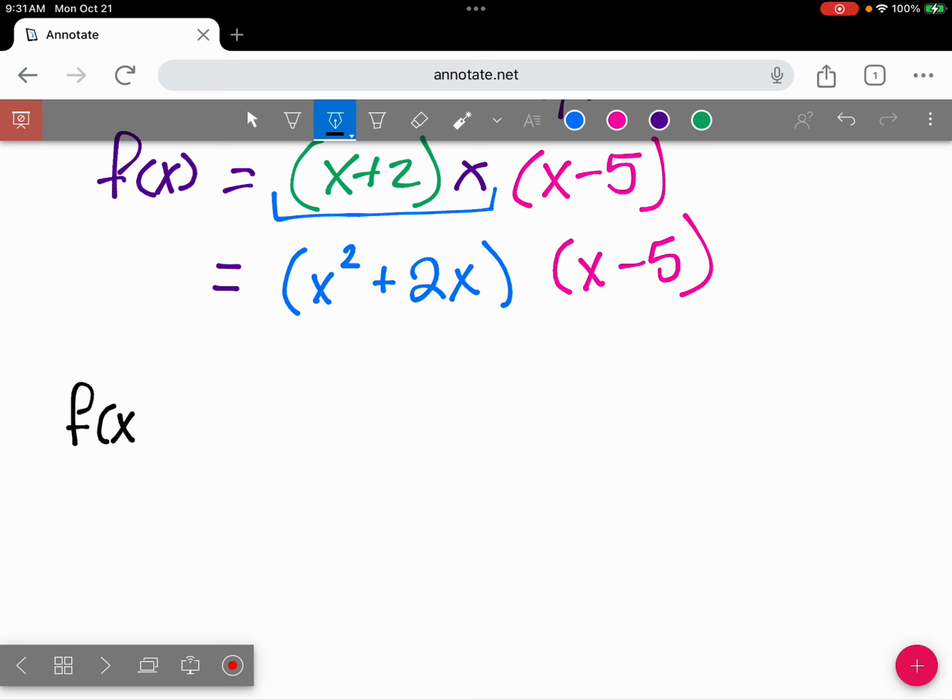Do we see it? Okay. So that's why I waited for a second, because sometimes all we need to do is sit and look at it for a second. What do we get when we multiply this out?